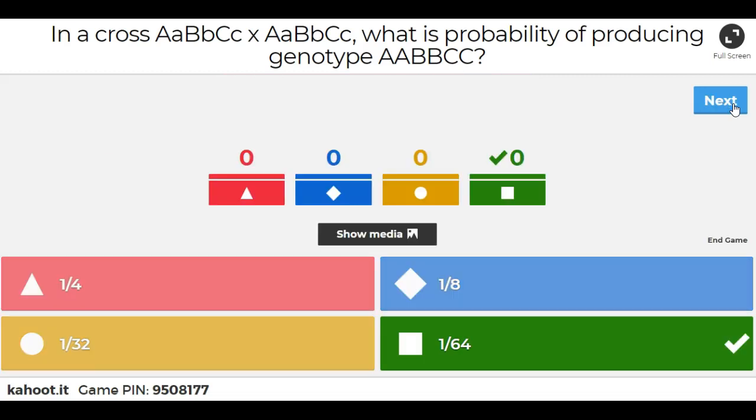So it is 1/64. Now, hopefully you did not create a Punnett square with 64 squares because you did not have time for that. So you should have used the law of multiplication to be able to figure this out. If you don't know how to do that, go back to the presentations and figure out how to do that.